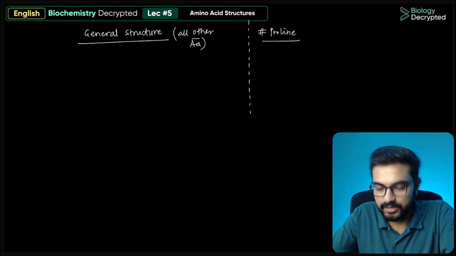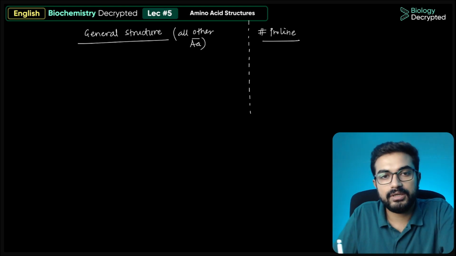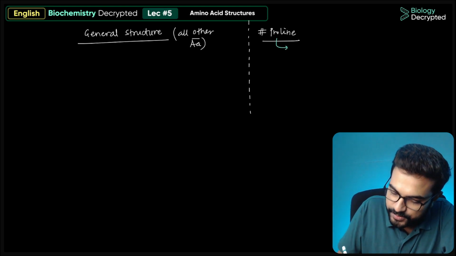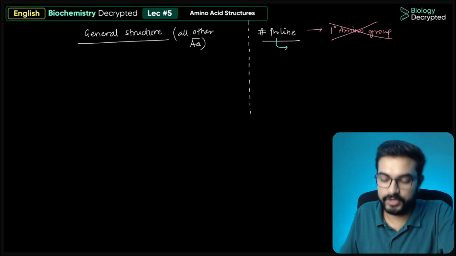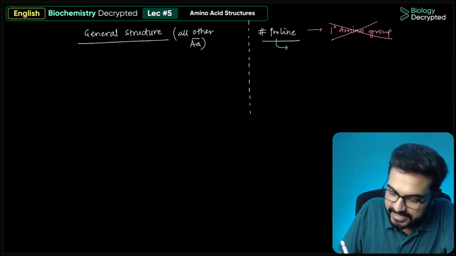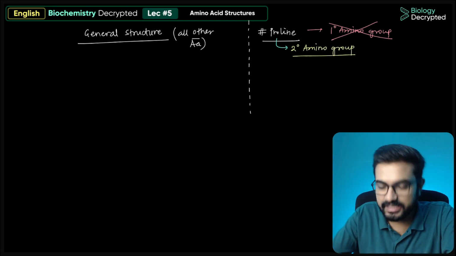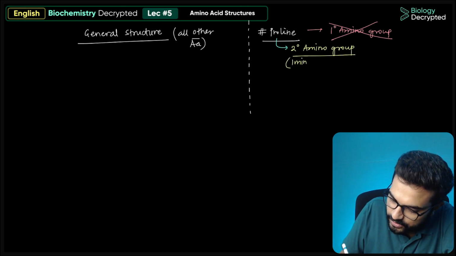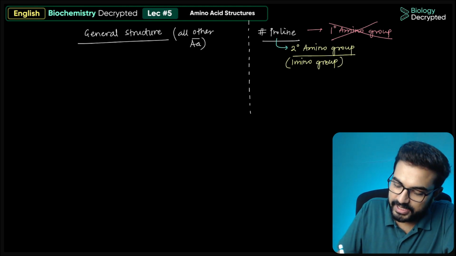Proline is separate because proline has a secondary amino group. It lacks a primary amino group. Rather, what is present is a secondary amino group, also called an imino group.